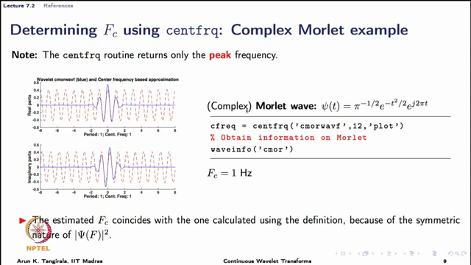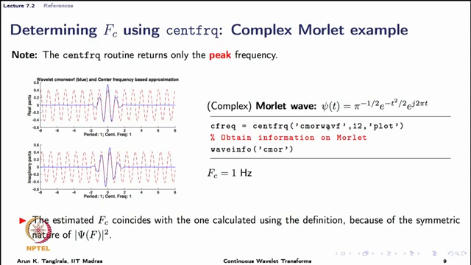So, to demonstrate how this CENTFRQ works, I have taken the Morlet wave once again for you. The expression given here for the complex Morlet wave and the one that I have given earlier only differ by a factor, but otherwise the basic expression looks same. The syntax for CENTFRQ is that you specify the wave for which you want to compute the center frequency. The second argument here depends on the wave.